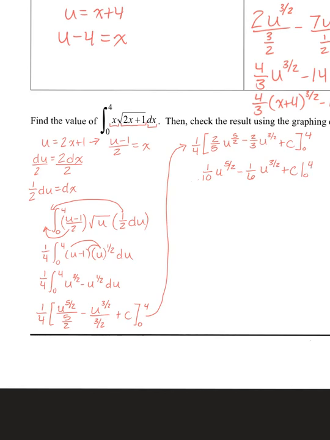Okay, now this evaluation from 0 to 4 is in terms of x. You cannot plug it in directly for u, so you have to get this result back in terms of x. So I have 1/10. My u was 2x plus 1 to the 5/2.